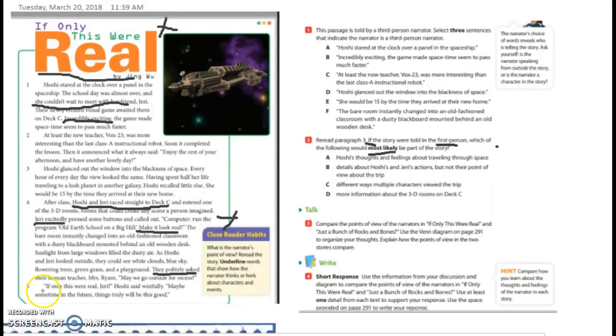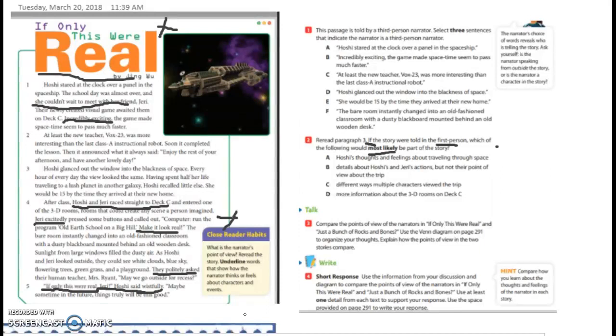Lastly, the last thing that we see the characters say is, if only this were real, Jerry, Hoshi said wishfully. So when you're wishing for something, you feel longing, or you wish that you had it, or you're hopeful. I'd like us now to go to the questions.